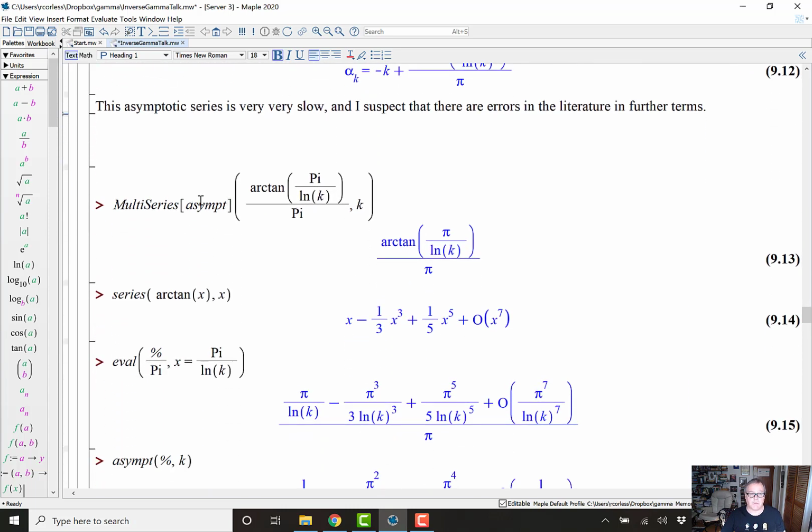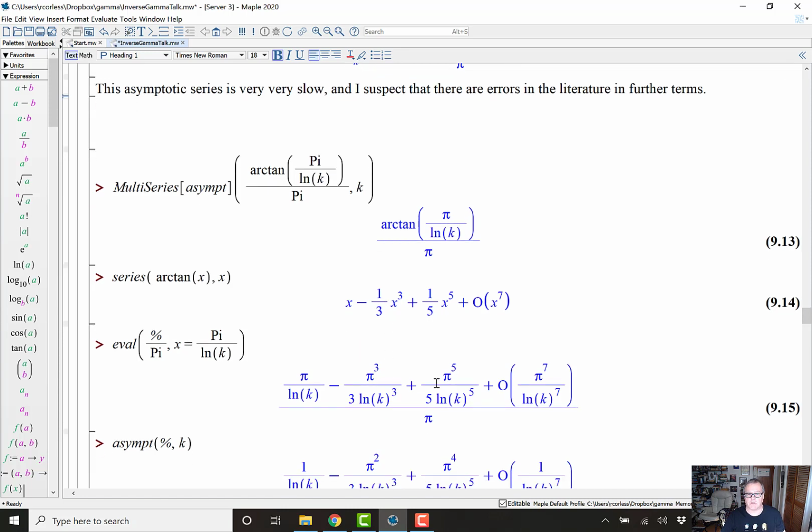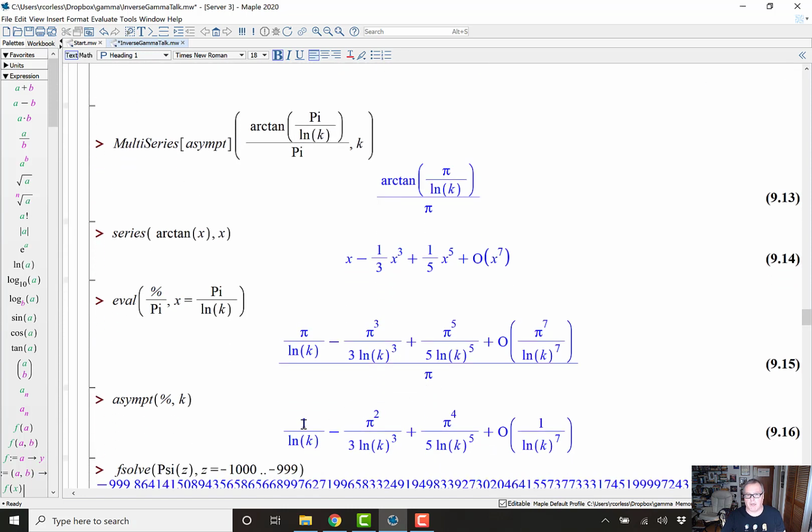Neither asymptote nor multi-series asymptote can or will, without forcing, give you more terms in the asymptotics of arctan of pi over log k. But the series of arctan for small x gives you the next few terms. So 1 over pi times arctan of pi over log k is asymptotic to 1 over log k minus these things. You can see that it goes to 0 as k goes to infinity, but rather slowly.